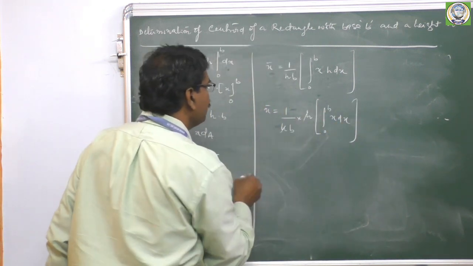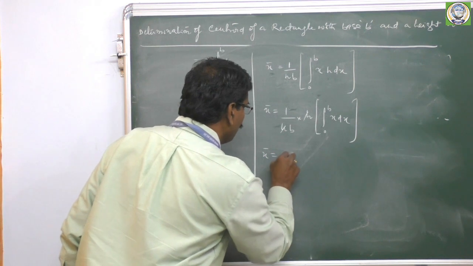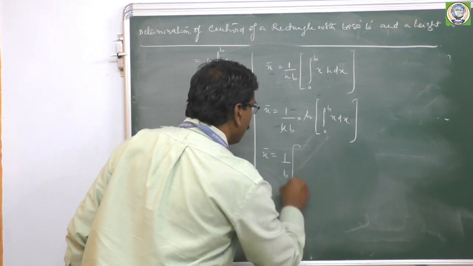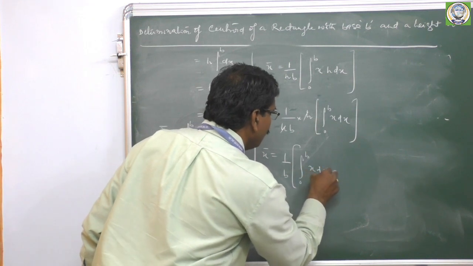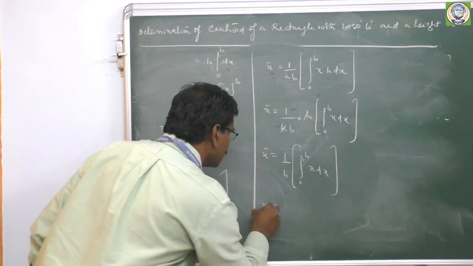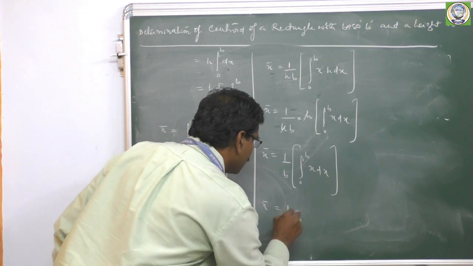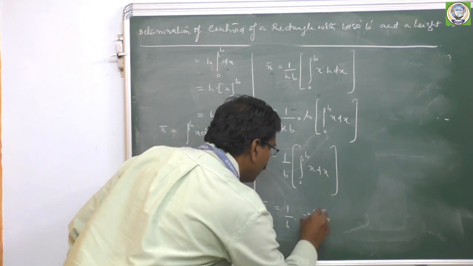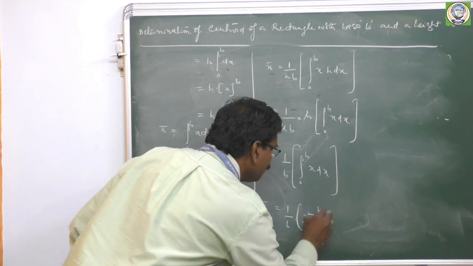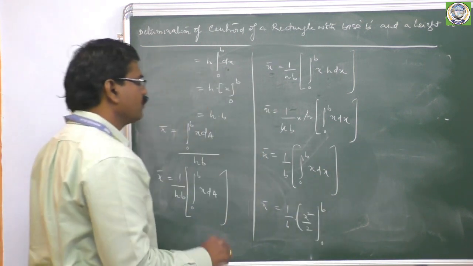As h cancels here, x bar is equal to 1 by b integral 0 to b x dx. We all know that integral x is nothing but x square by 2. That implies x bar is equal to 1 by b into x square by 2, applying lower limit 0 to upper limit b.